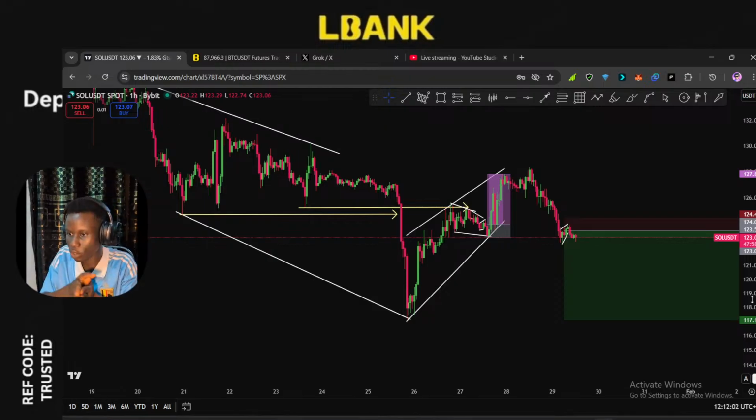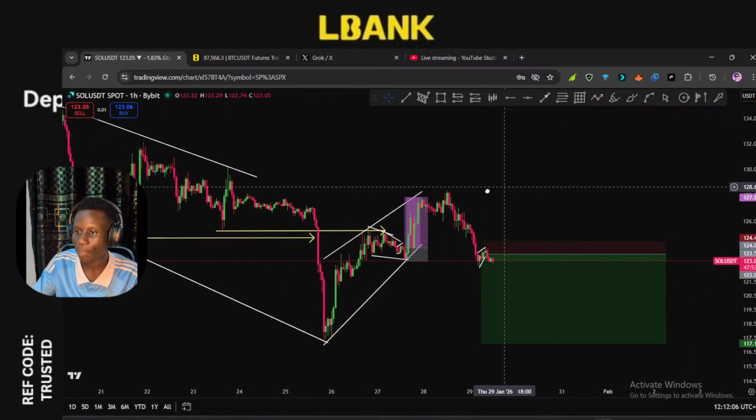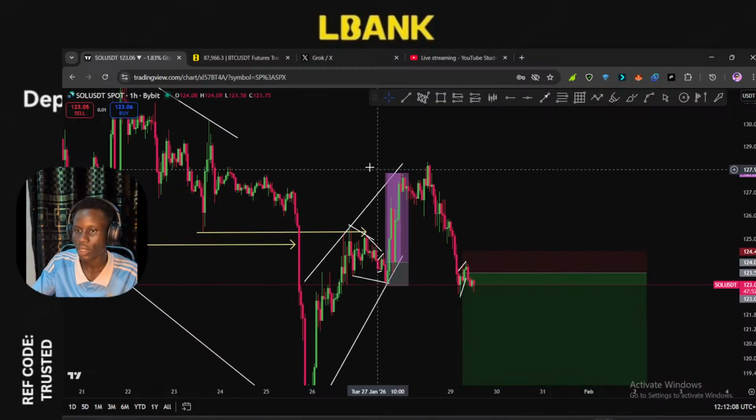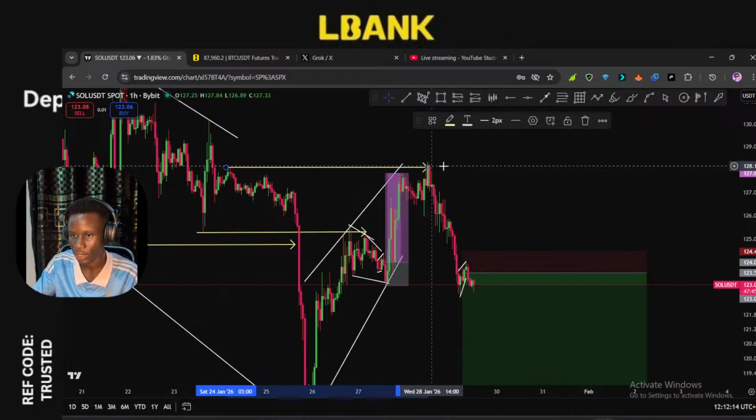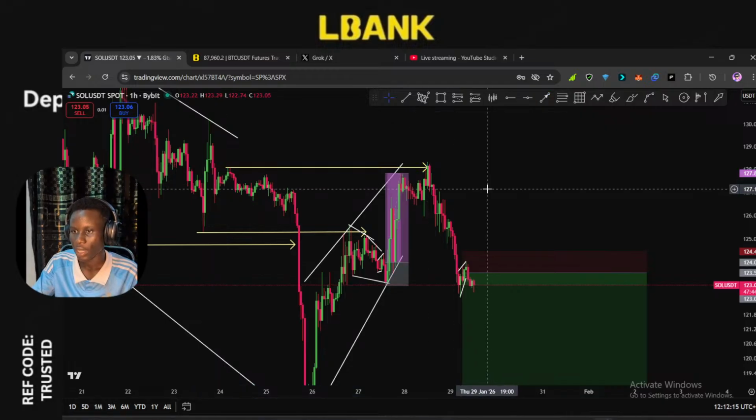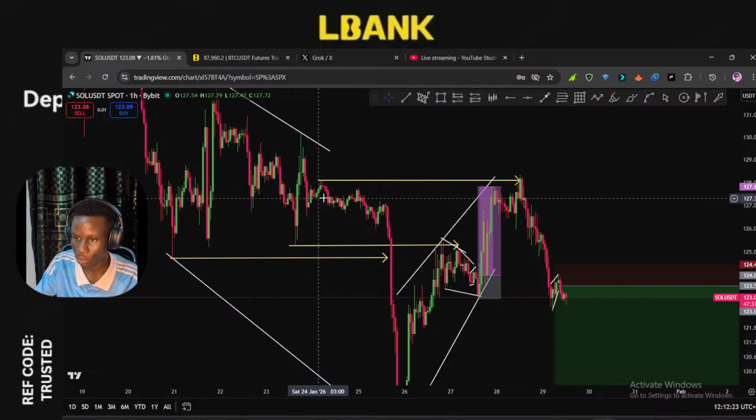Somebody will always come to continue the trend. Like what is happening right here now. This was a valid area where this market tapped into before it rejected. And the reason why it's a valid area is because that is a demand zone. This is a demand zone.